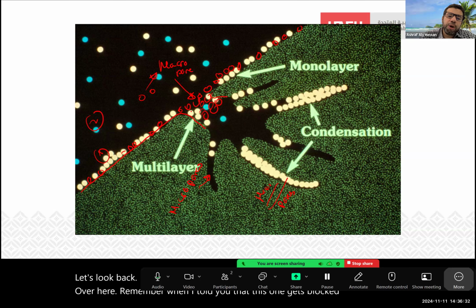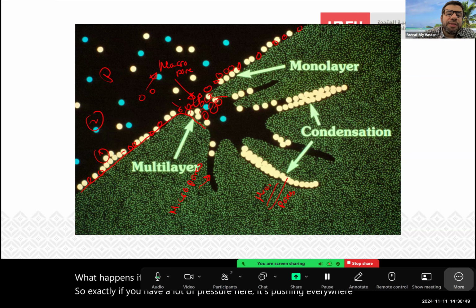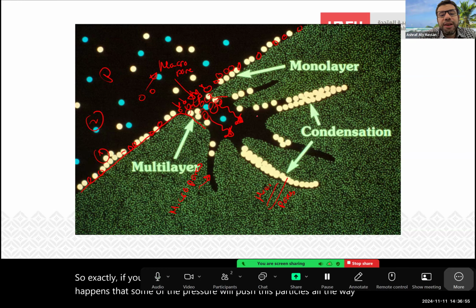What happens if we have high pressure? Pushing. Exactly, if you have a lot of pressure, it's pushing everywhere. Some of the pressure will push these particles all the way inside. So basically, you are making sure that you are filling more and more pores.